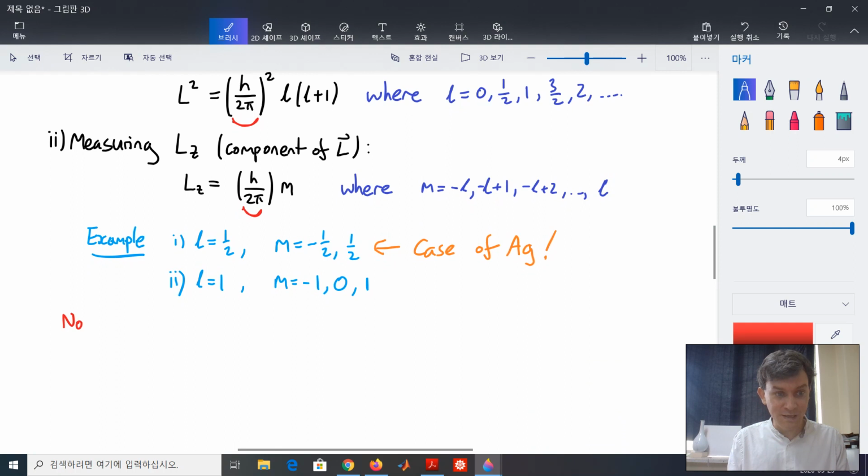So this is given its own symbol because it appears so often. Notation: h over 2 pi is given the symbol h with a line going through it. This is called the reduced Planck's constant.